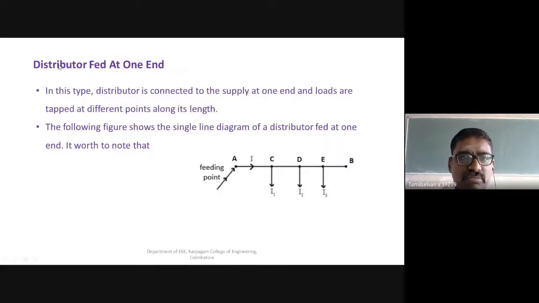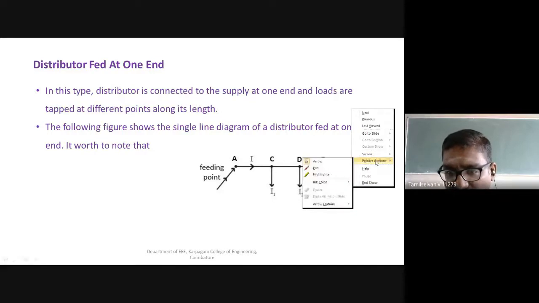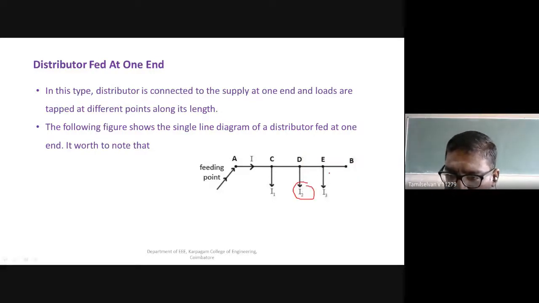Okay, so when fed at one end, we'll have the distributor. This is A, and A to B is the distributor, and the loads are tapped at C, D, and E. At point C, the tapped load current is I1, at point D the tapped load current is I2, and at point E the load connected is tapped with a current of I3.